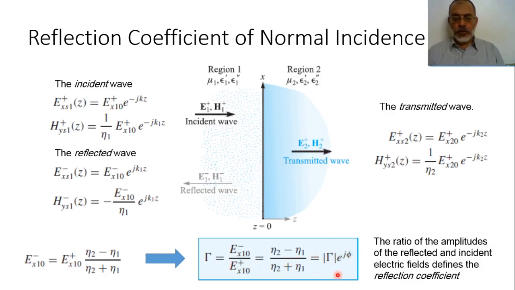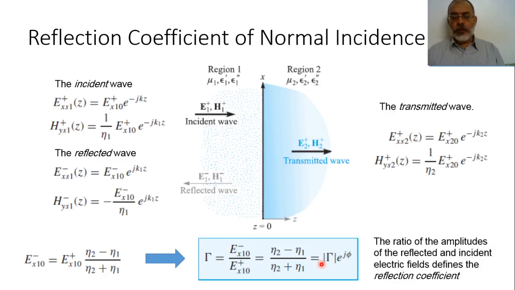So it is a complex value with amplitude gamma and phase e to the power j phi. And effectively the amplitude of the reflection coefficient is greater than 0 and less than unity. It must be less than unity. It cannot exceed unity. Okay.